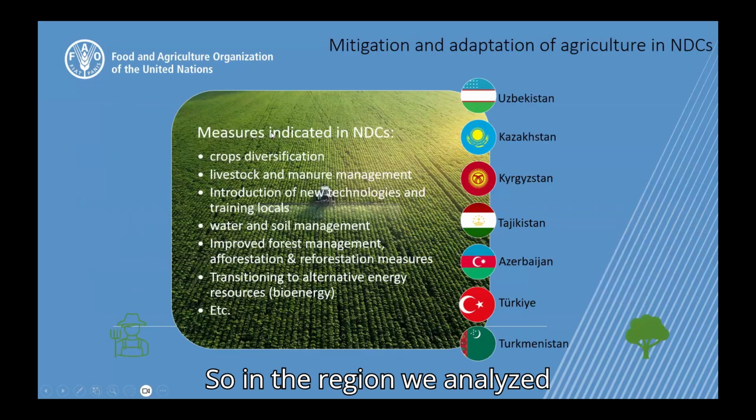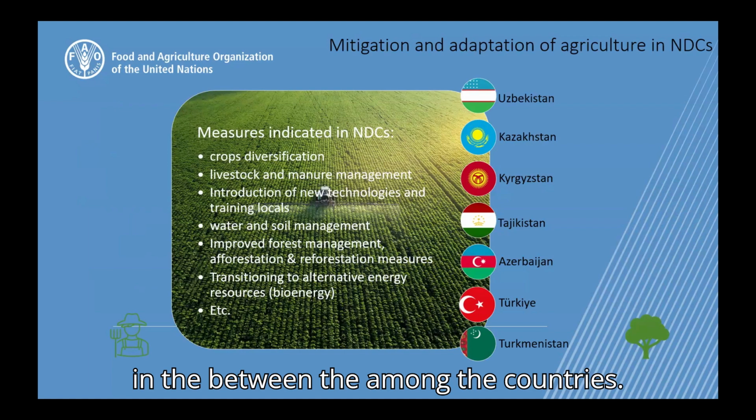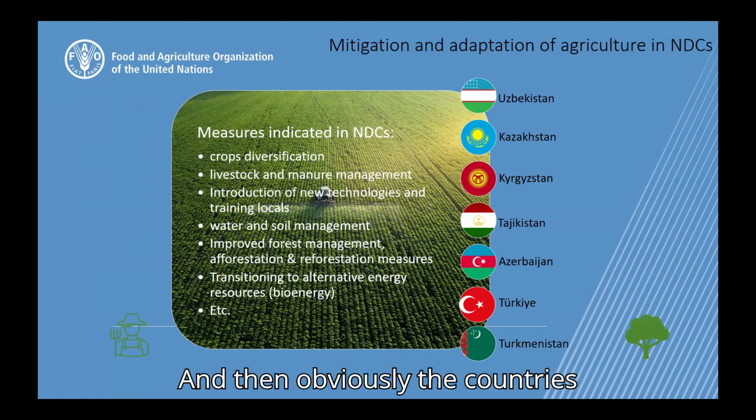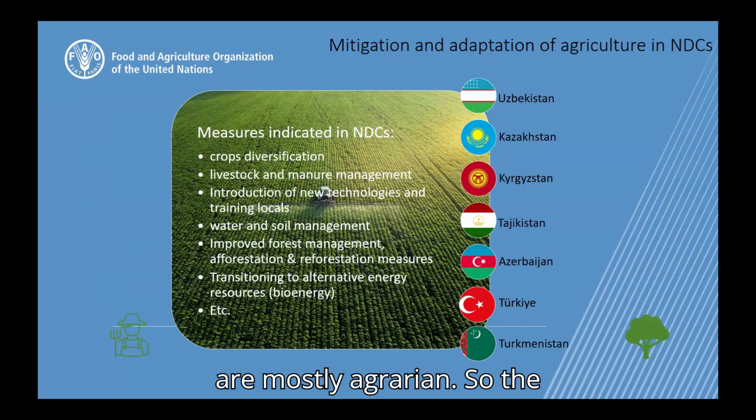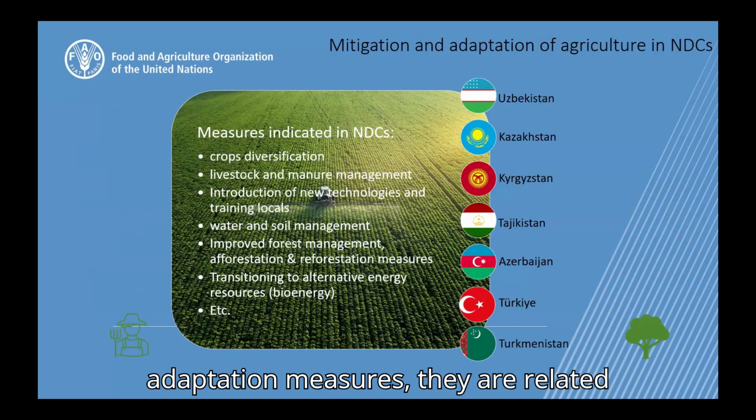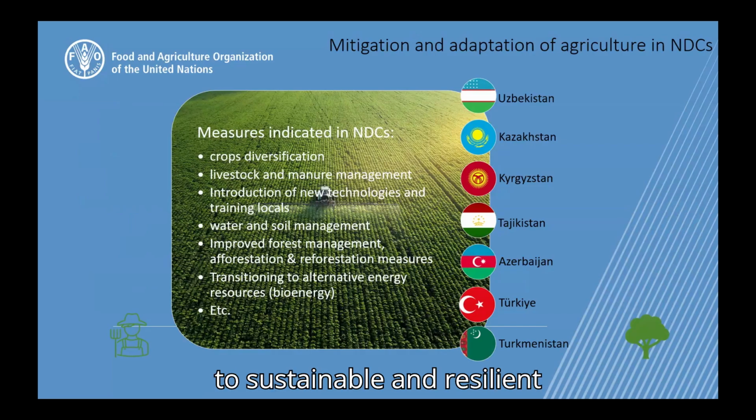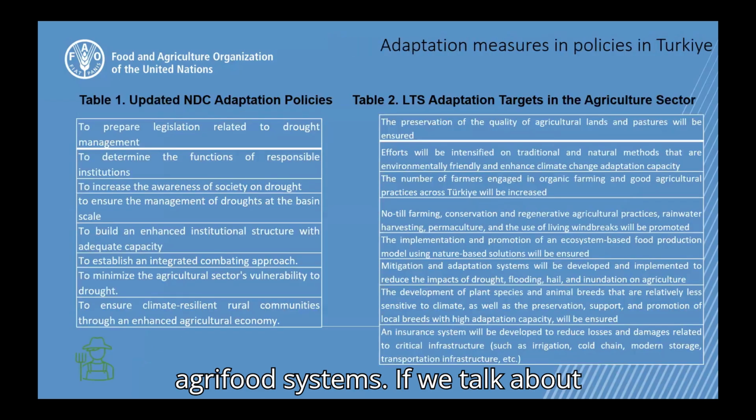So in the region, we analyzed the main, let's say, measures indicated in the NDCs among the countries, and obviously these countries are mostly agrarian, so the adaptation measures are related to sustainable and resilient agri-food systems.